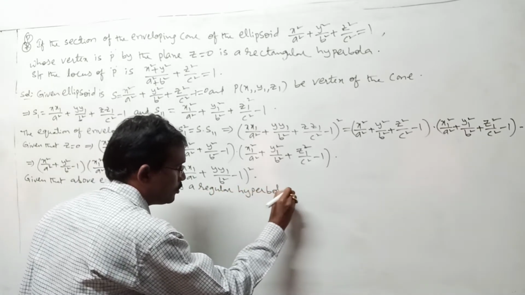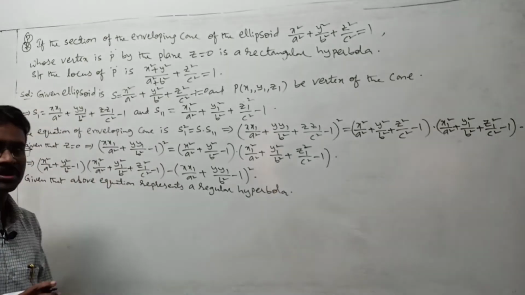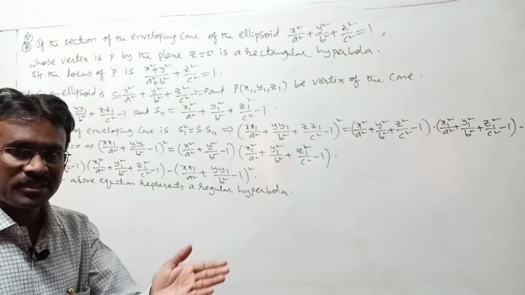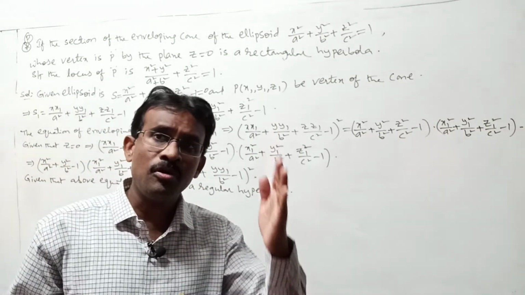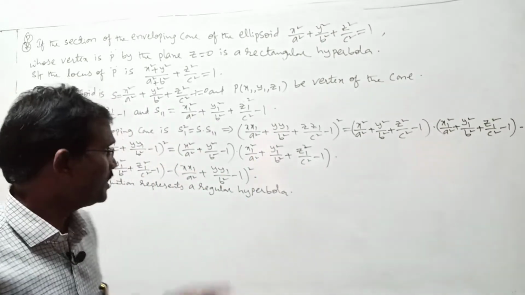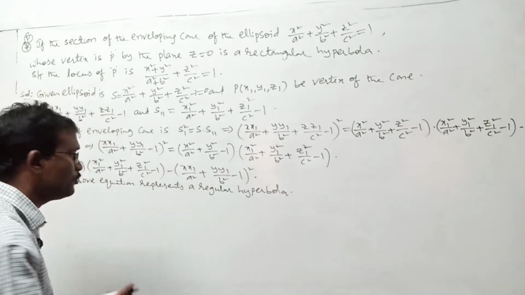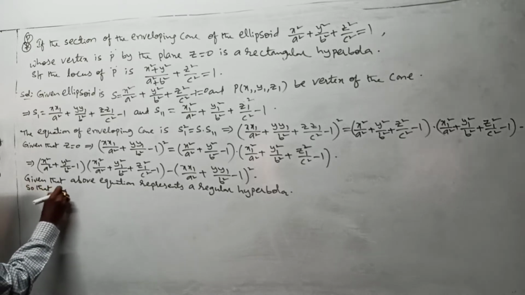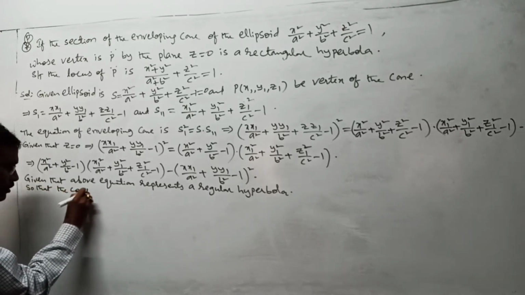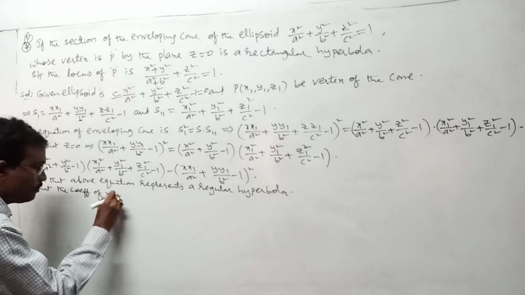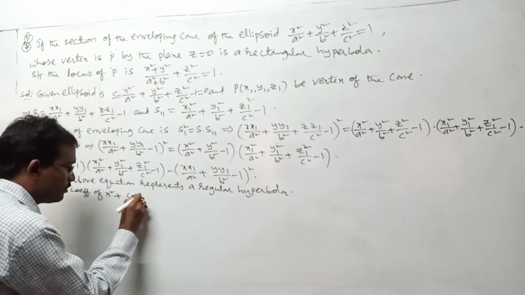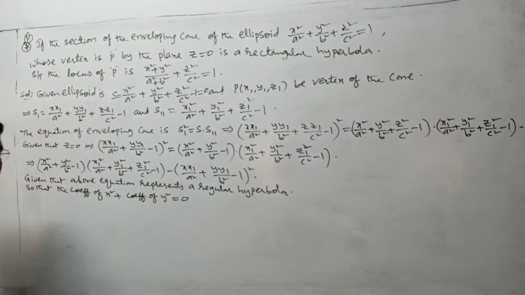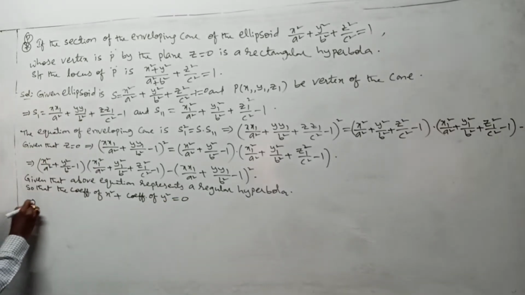At the intermediate level, you know when one second degree equation represents a rectangular hyperbola: the coefficient of x square plus coefficient of y square plus coefficient of z square equal to 0. But here there is no z term. That's why we take the coefficient of x square plus the coefficient of y square equal to 0. Yes. Write the coefficient of x square common.